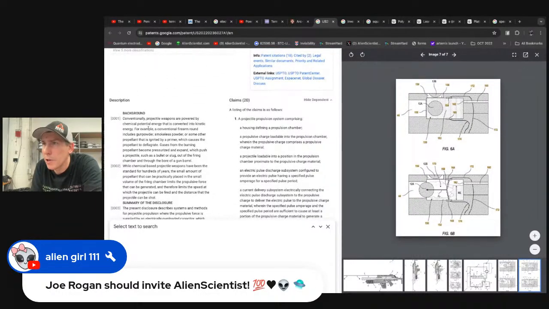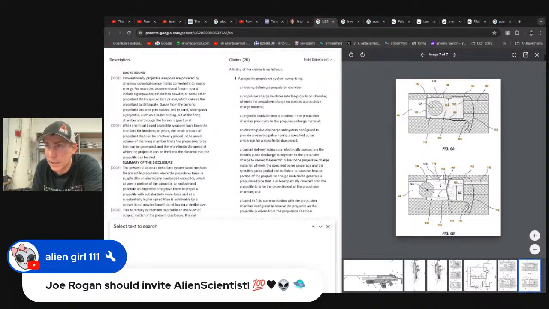It's a chemical potential energy. Yeah, conventional projectile weapons are powered by chemical potential energy. That's your gunpowder. All right, boom. While chemical-based projectile weapons have been the standard, the small amounts of propellant limit the propulsion force that can be generated, and therefore limit the speed at which the projectile can be fired and the distance that the projectile can be shot.